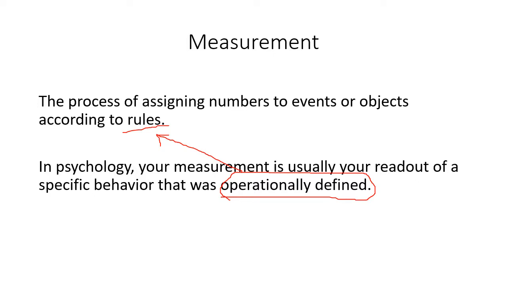If you're just saying crying is a form of acting out, that's not a very good operational definition, because you could be assessing aggressiveness or you could be assessing depression. So your operational definition needs to be very specific and have a certain meaning to it. Only after you operationally define something do you give it a certain rule that you need to follow.